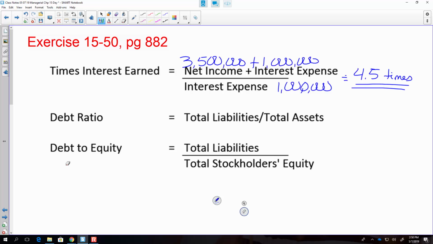Again, larger would be better. So if last year it was 5 or 6 and now we're at 4.5, that's not a good trend, right? We want to make this number bigger, not smaller. Our debt ratio is total liabilities, 10.25 million over 16.4 million of assets.